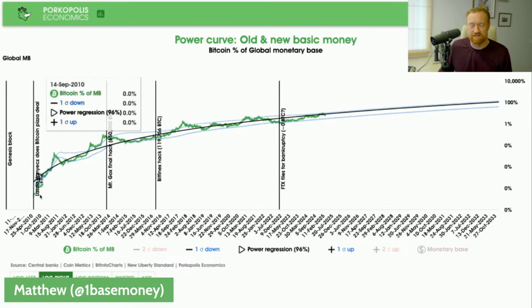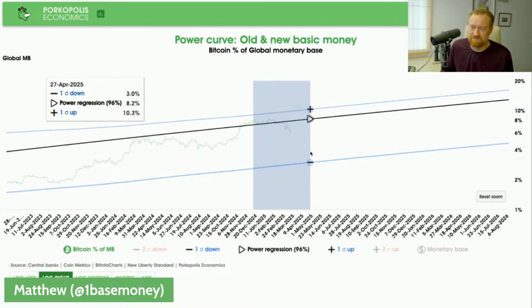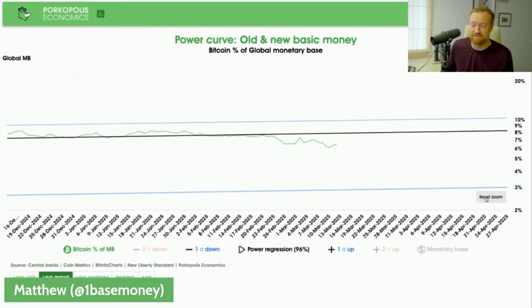Bitcoin went from nothing, 0% of global money, to now a normal, run-of-the-mill episode. It doesn't matter. Just back it up, relax, Bitcoin and chill, as Jack likes to say. Just look at where this is hanging out between 3 and 9%.